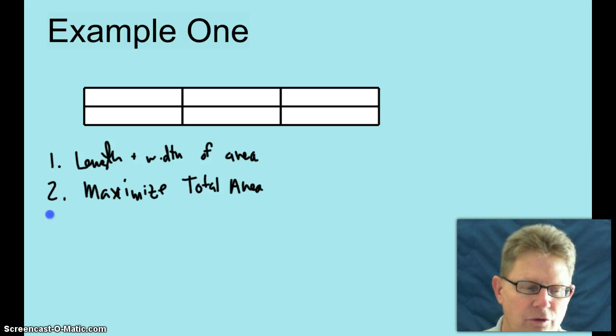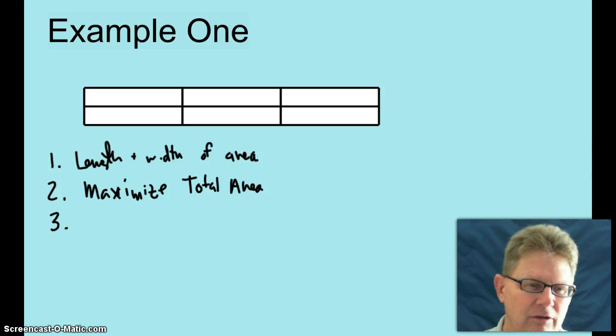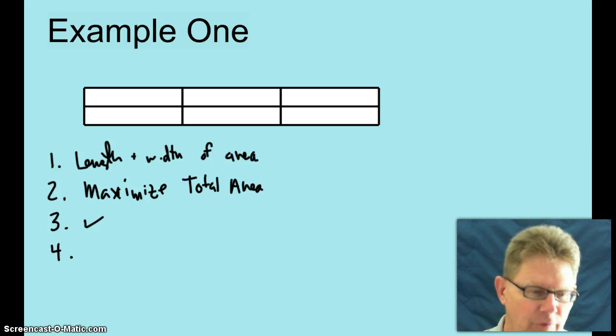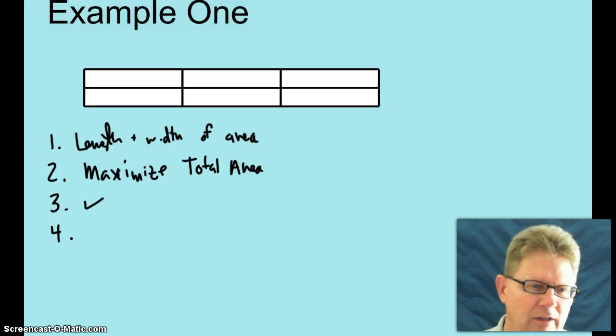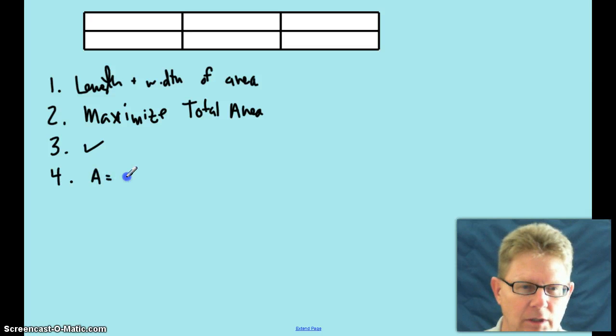All right, 3. It says draw a picture. Hey, I got one up there for you, and I also have it on your example. Check. 4. Let's see if we can come up. Well, let's assign some variables here. We'll say that A, what do you think that's going to be? That will be area, right?